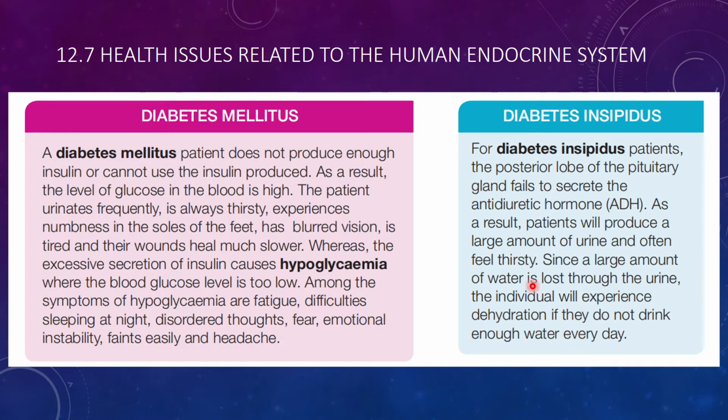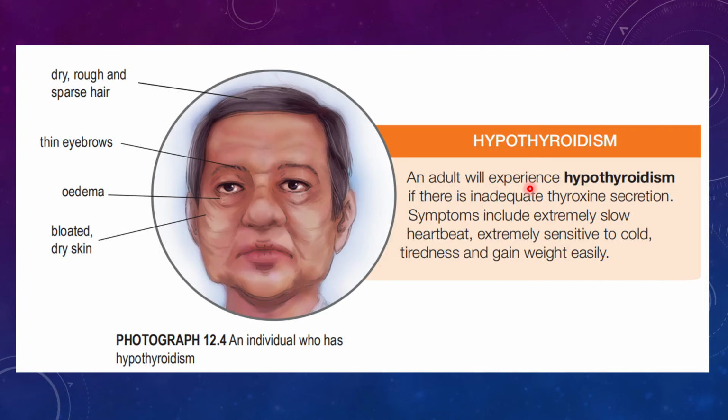So two different conditions, but both are called diabetes, two different types. Okay, one is related to the insulin hormone, secreted by the pancreas as the gland, and another one is related to ADH, or the antidiuretic hormone, and it is related to the pituitary gland, the posterior lobe.